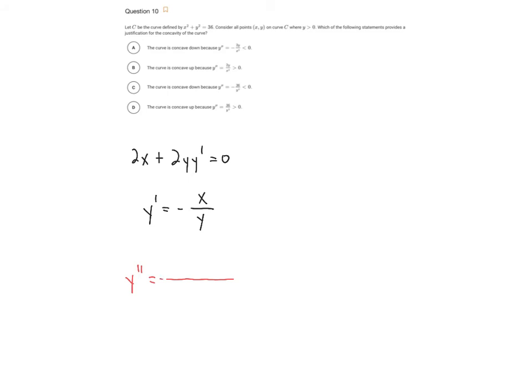Just be careful, there's a negative there. Derivative of the top times the bottom minus top times derivative of the bottom, all over bottom squared. Then this is y prime, so we'll plug it in for y prime there. Since this is minus and that's negative, this will become plus, and it's really going to be x squared over y.